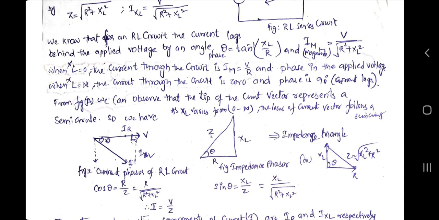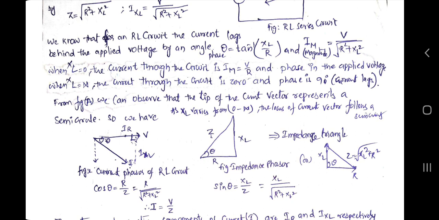That is the current phasor of the RL circuit, where cos theta is equal to R by Z. So therefore R by under root of R square plus XL square. Already you know the current through the circuit is V by Z, right?